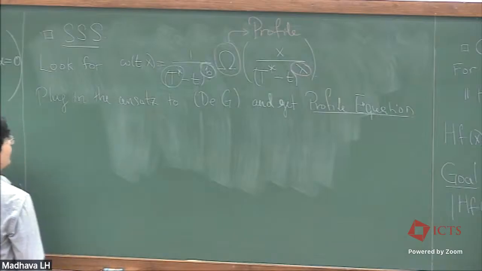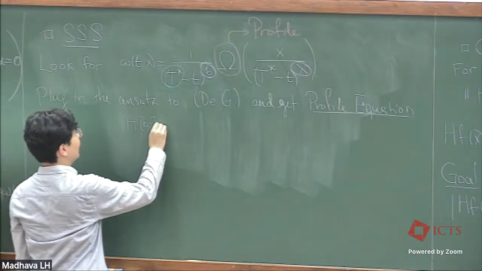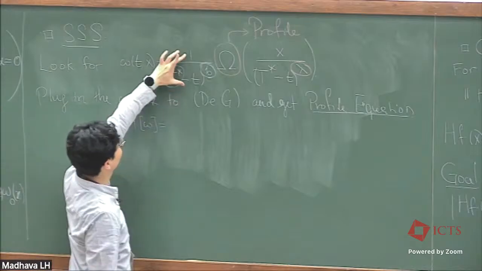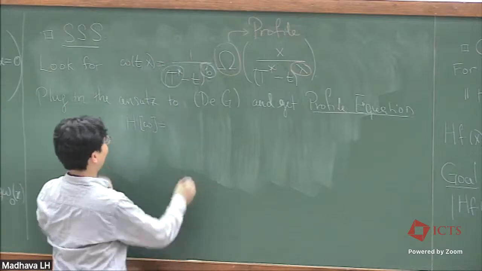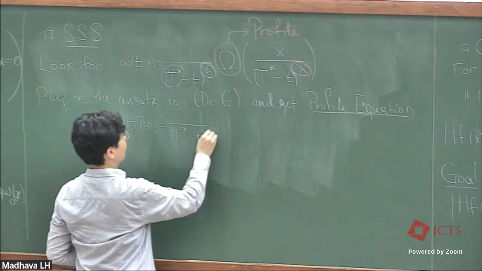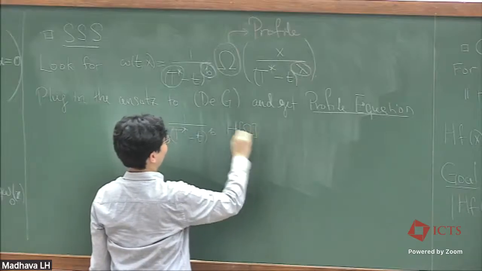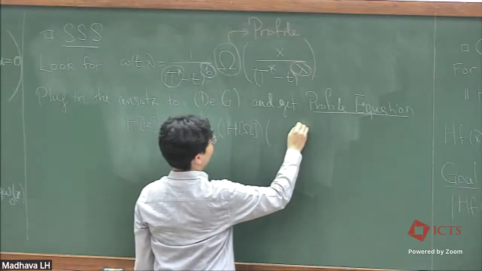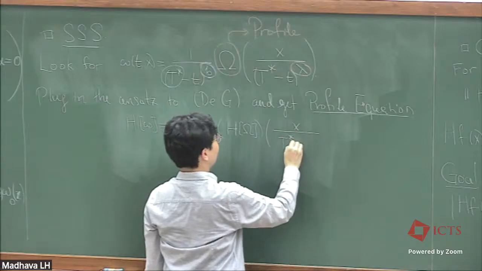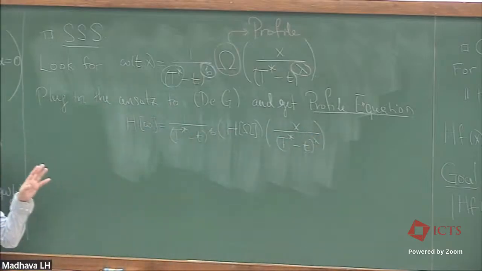So I will write this in formulas. Hilbert of omega, so Hilbert is a linear transform, so this just goes out. And Hilbert of omega, whatever it is, evaluated at this point. This is the computation that we did in the last part.